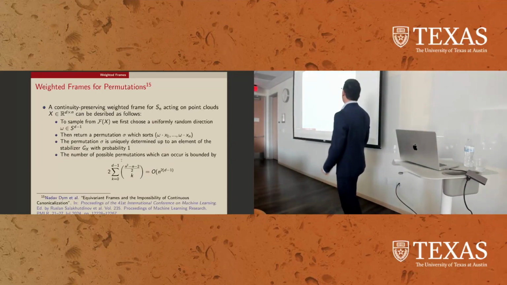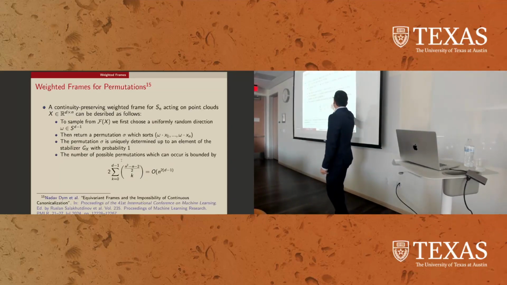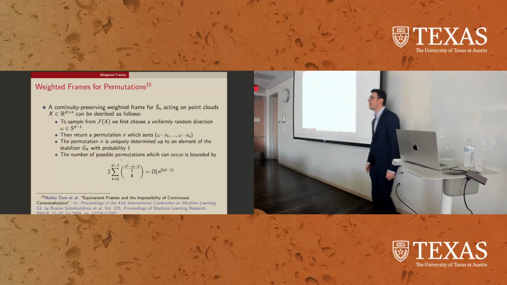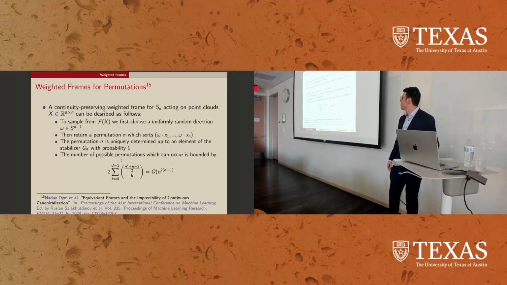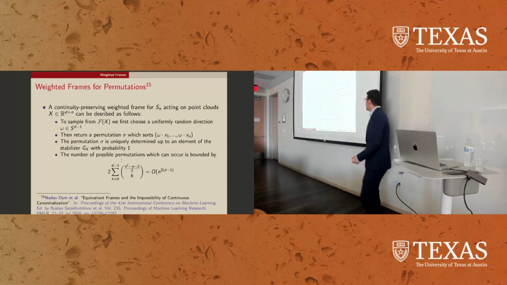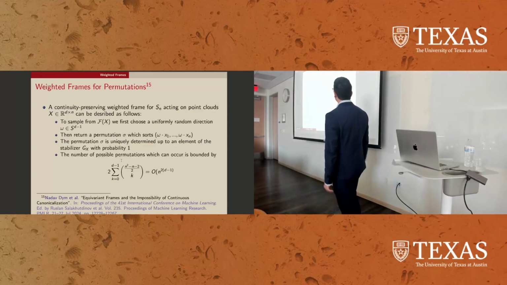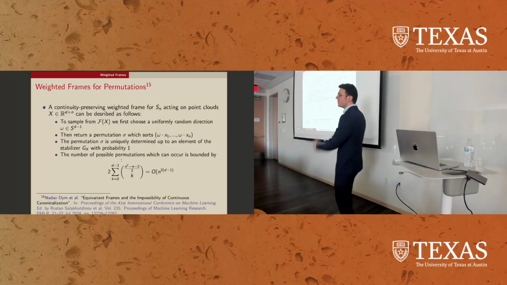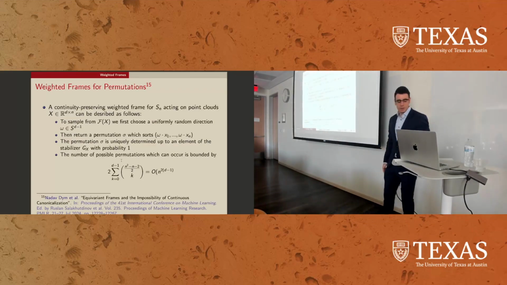And you can count that the number of possible permutations that can occur in this way is on the order of n to the 2 times d minus 1. So that's where this bound comes from. When we use this frame in our experiments, we basically sample a random direction, sort along that direction, and use that.